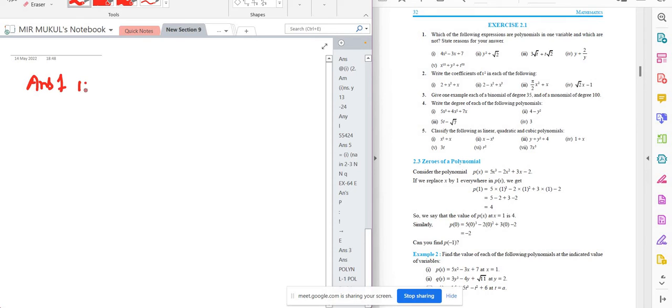Okay. Now check the third one. Answer 1, third: 3 root t plus t root 2. Root t means what? t to the power how much? 1 by 2. Here root 2 t, the power is a whole number, but here the power is 1 by 2.